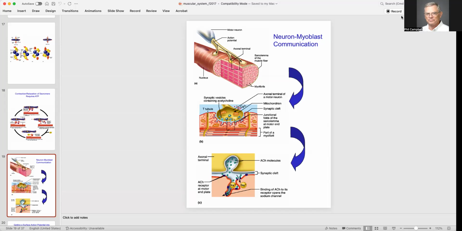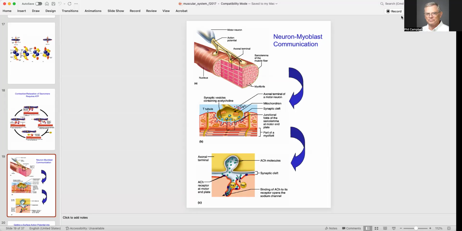Now, the thing you have to remember when we were talking about neuron potentials is that we're talking about the exchange of charged particles across the surface of the cell. So when we're talking about electrical communication in a nerve cell, it's all about surface changes in charge.